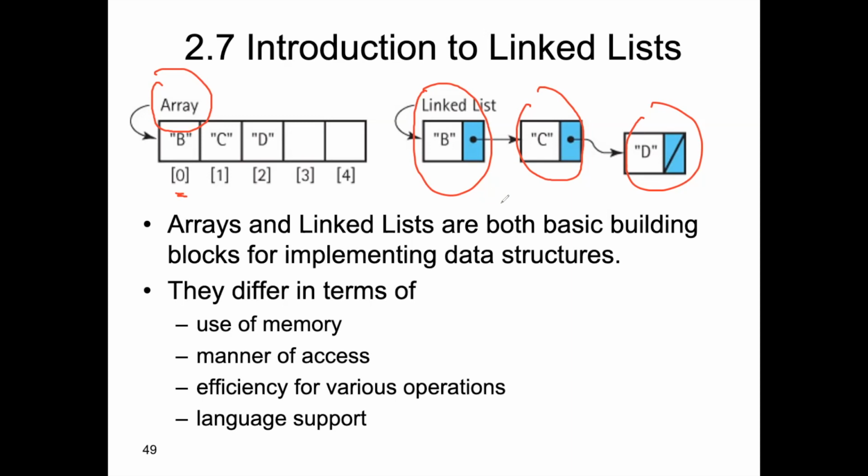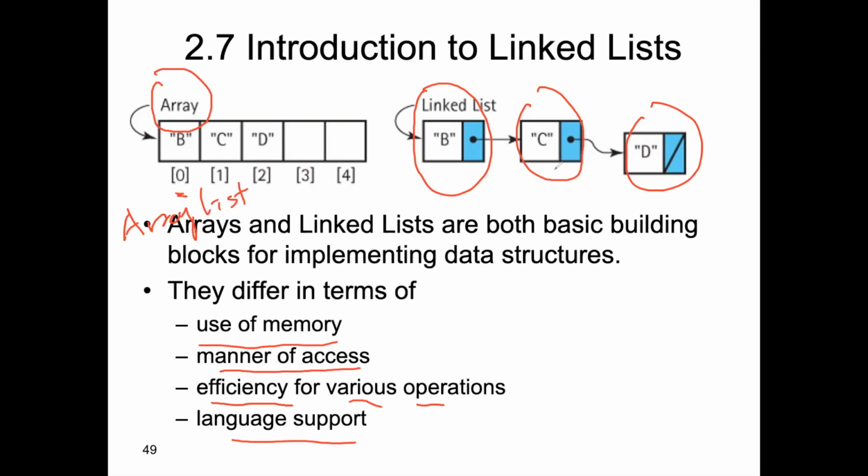Their behaviors are different, and they differ in terms of their use of memory, their manner of access, efficiency for various operations, and language support. In some languages, you have a complete API encapsulating an array data structure, such as in Java, you have what's called array list, so on and so forth.